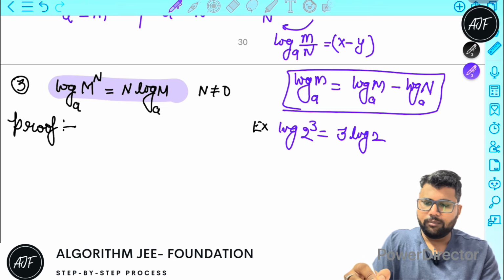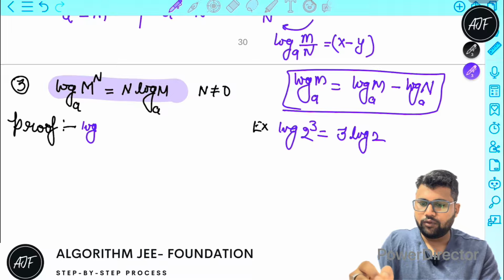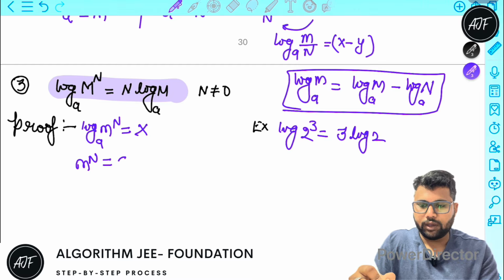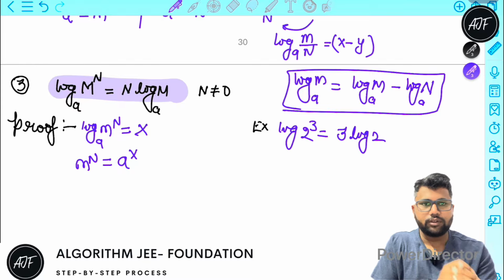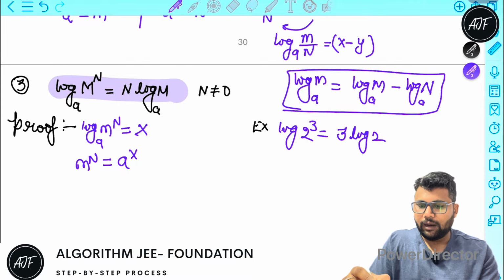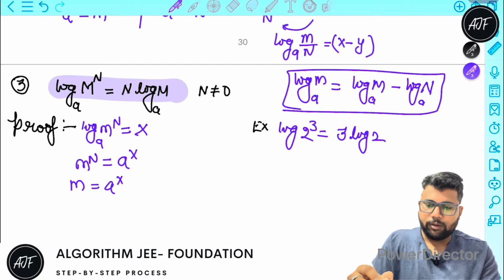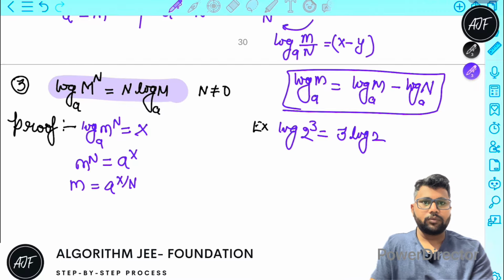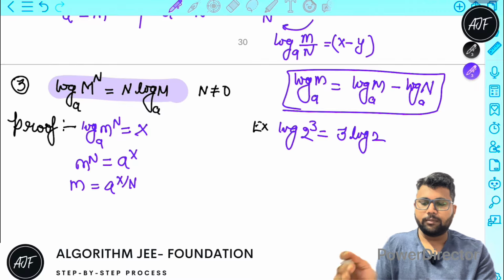Same as the first one, if you put log m base a equal to x, now take the antilog. So m is a power x, and the power shifting gives m equal to a power x upon n, the same thing as the exponential power property.